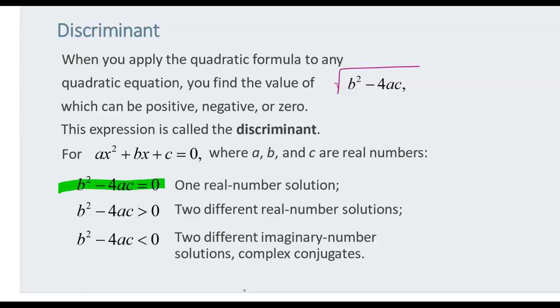Maybe if we had, let's say, 3 plus or minus the square root of 0 over 6. Because this 0 is going to go away, the plus or minus becomes irrelevant, and we end up with only one solution.